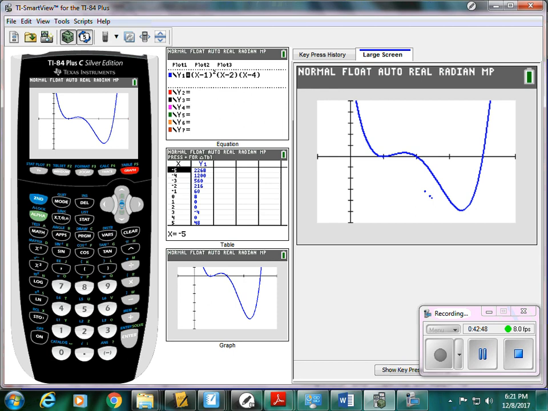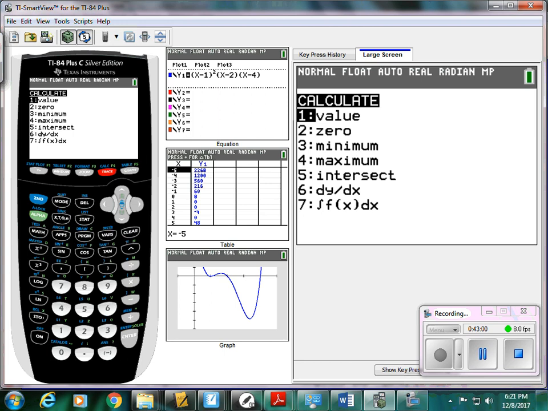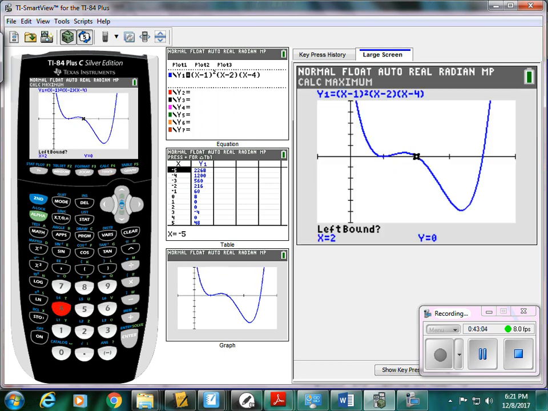So we're going to need to know the x coordinate of the max and of the min. To find those, we go to the calc menu, which you get by pressing second trace, and max is option 4. When it says left bound, you go a little to the left of the max. Press enter. And right bound, you go a little to the right.